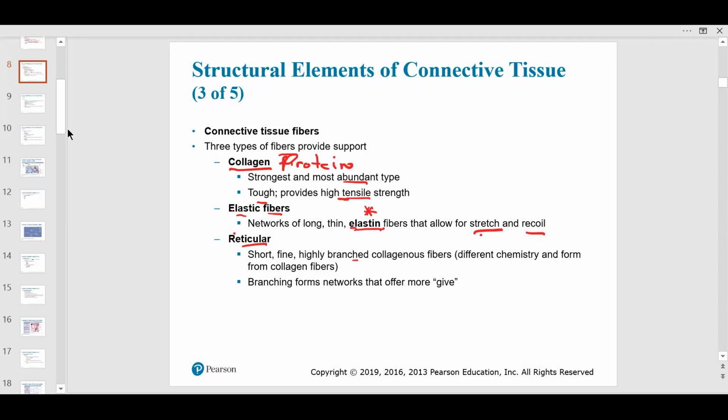They branch like crazy. And of course, different chemistry, which means it's not so much hyaluronic acid, which you don't care about. And it's structure, but it allows for more give. Like if you're building a bridge that's exposed to high winds, I would use reticular fibers. Collagen may not be as bendable, even though it's strong. So it all has a reason to be there.